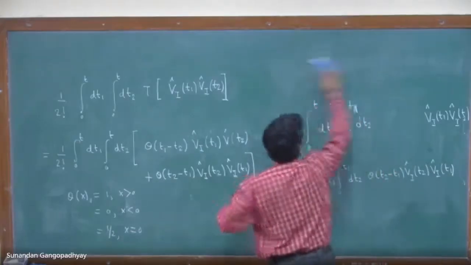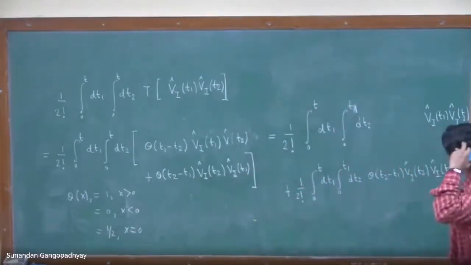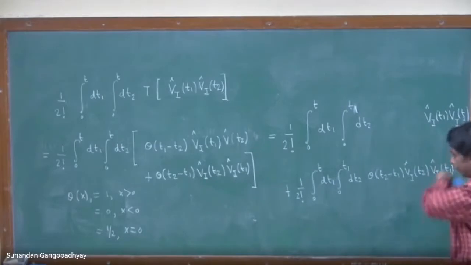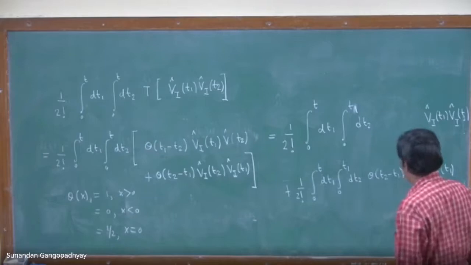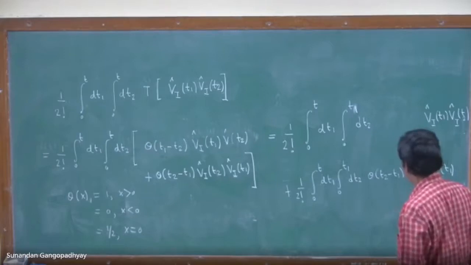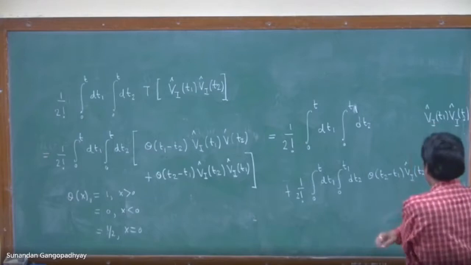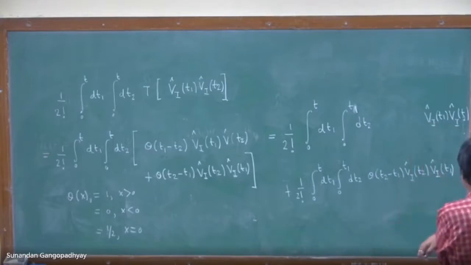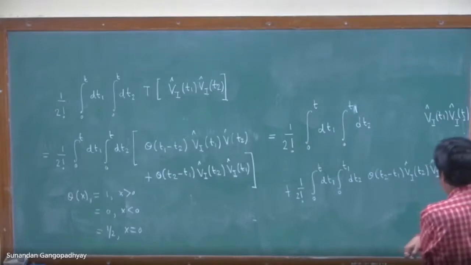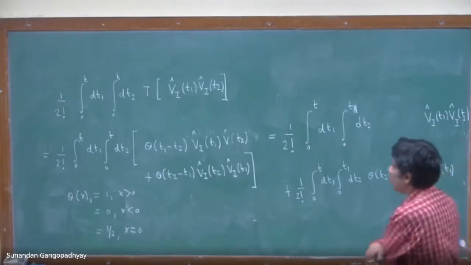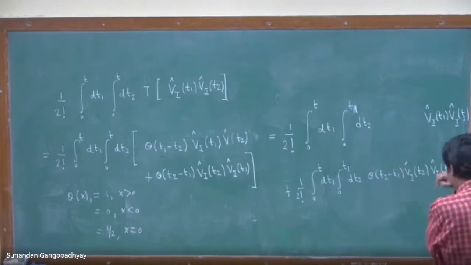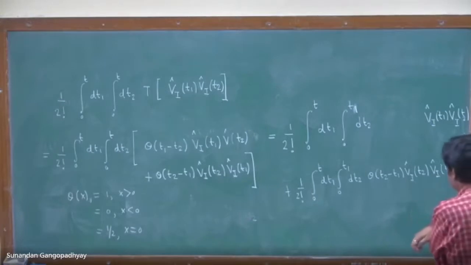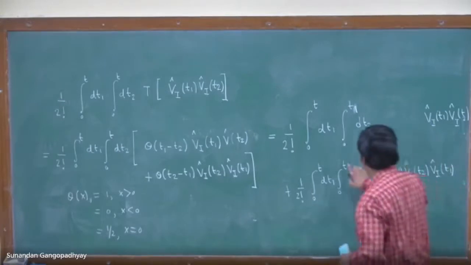Similarly, if you look at this term, here also you can play a trick. Let us look at this term now. So the first term is this, the second term will become 0 to t. Okay, this is not t1, this is 0 to t.